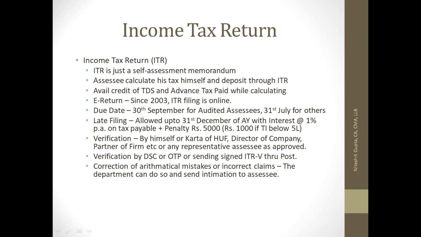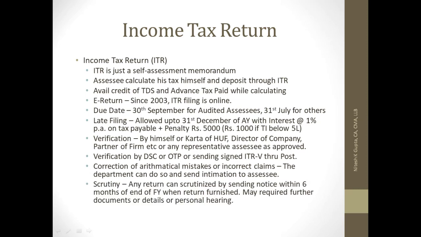Whenever you file an income tax return, there might be some arithmetical mistakes in the return. There might be some clearly incorrect claims. The department can correct them themselves and will send an intimation to the assessee that this was your mistake. We have corrected it. So kindly take note and pay differential tax.